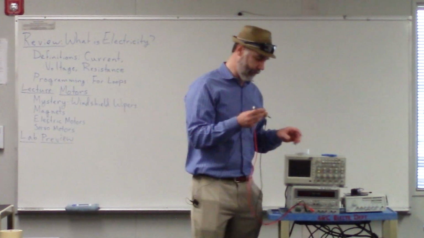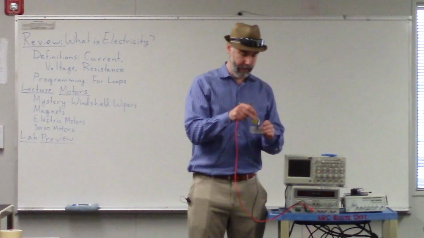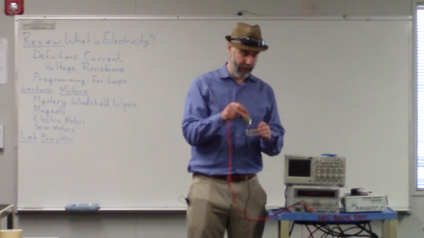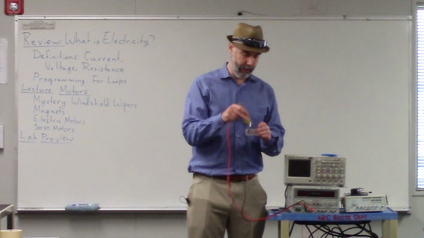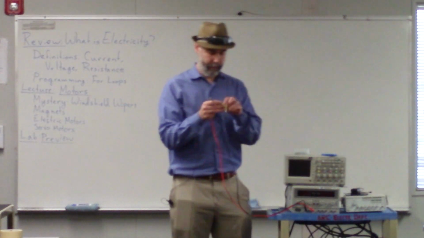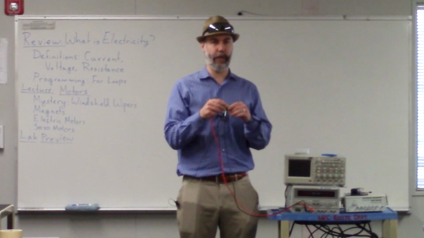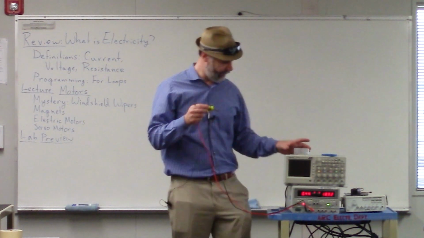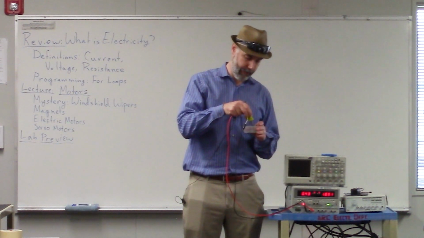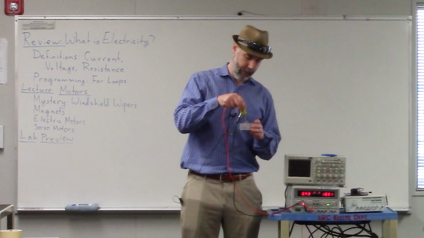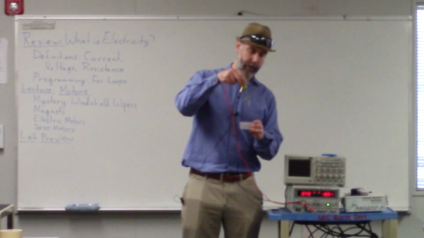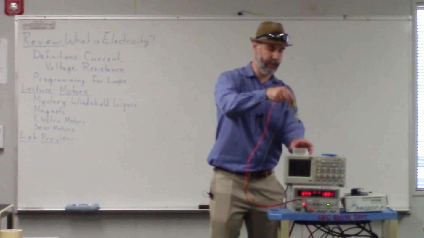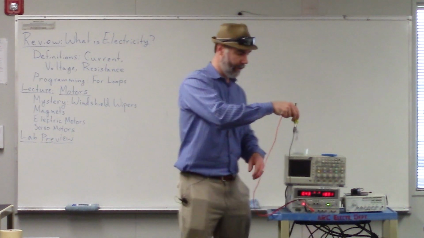Now, if I put this in the paper clips, you can see it's still only picking up maybe one paper clip some of the time. So it's still not really magnetic because I haven't turned on the power yet. When I turn on the power and now put this near the paper clips, it's picking up a lot more, okay? So by putting electricity through this coil of wire, I have created an electromagnet.